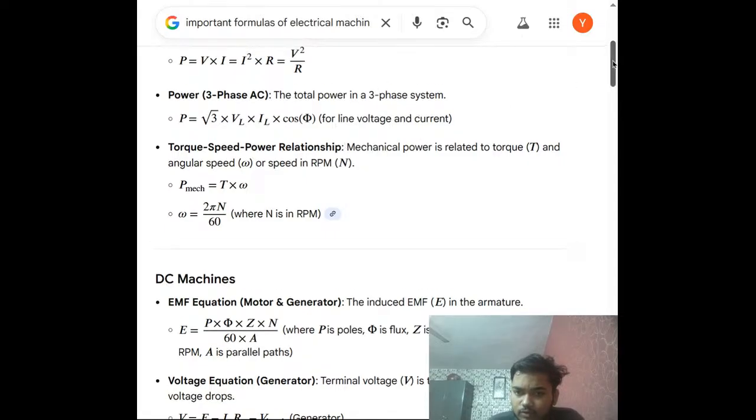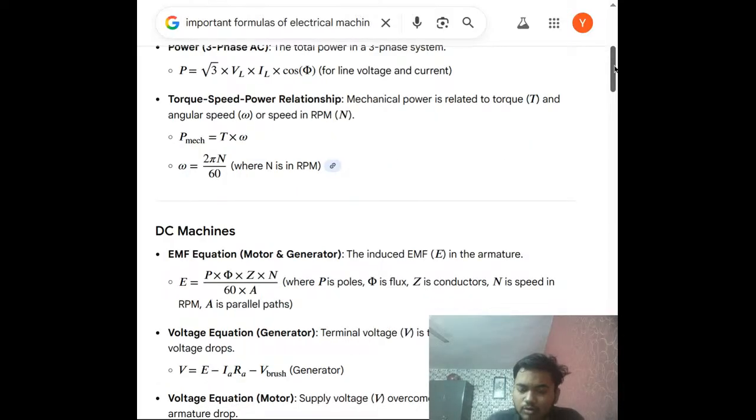Next, we know the torque, speed, power relationship. What is torque? Torque is an angular force applied by a machine to move forward. Speed is the change of distance upon time, and speed can be in RPM, rotations per minute.